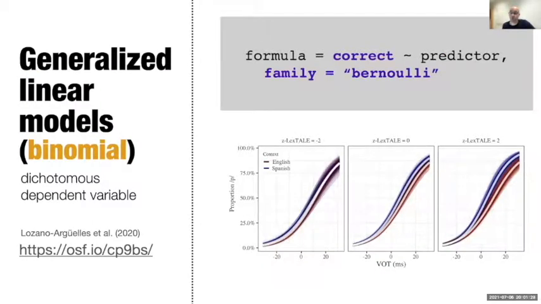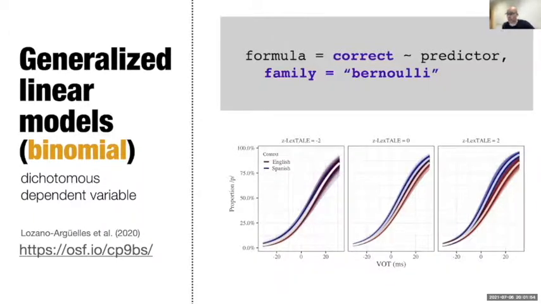Another area that we have not been explicit about, but I know you guys are keen to learn about, is that everything we talked about generalizes to generalized linear models, logistic regression, for example. You can run logistic regressions with dichotomous variables, and a cool example with beautiful plots, I'm in love, can be found in a recent paper by Joseph's students on conceptually cued categorical perception and L2 learners.